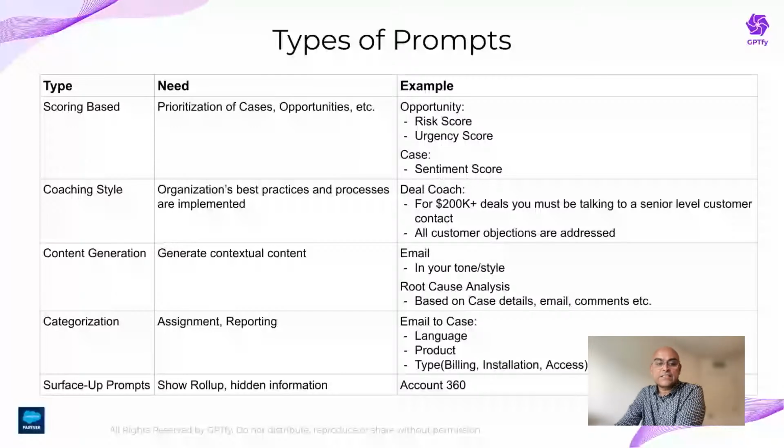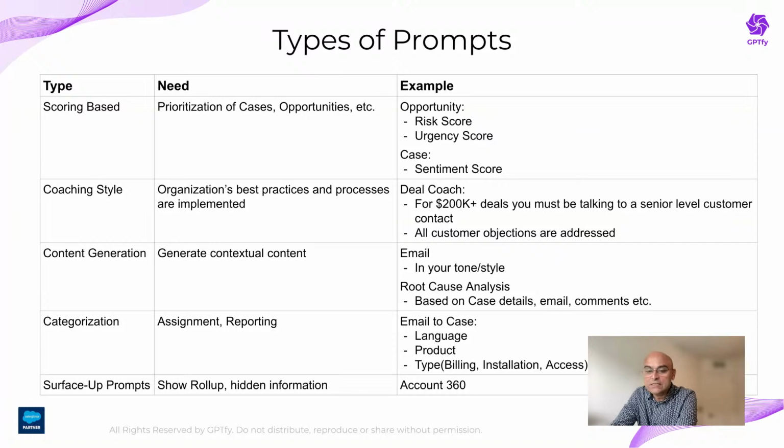Then you have categorization prompts. These are very interesting prompts. These are the prompts that you may require for reporting or assignment purposes. So if you get hundreds or thousands of emails to cases every day, all you have is just a description, which is actually the email on the case. Now you don't know what the language of the case is, or what product it is about. Is it really billing? Is it about installation?